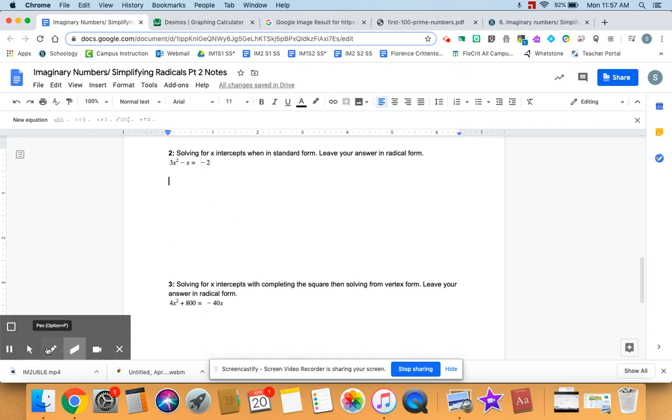So it's really easy to fix. And all you have to do is, I want it to say equal 0, not equal -2. So to make this become 0, I just add 2 to my other side.